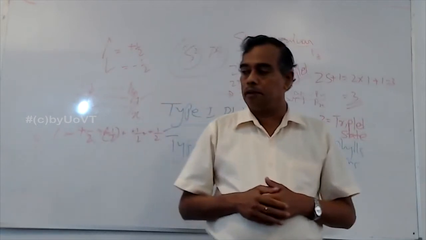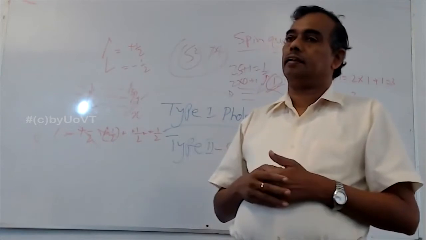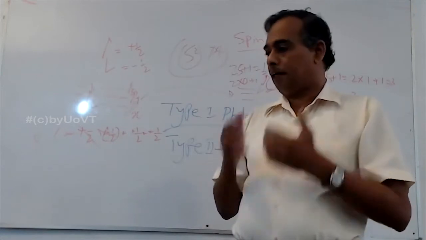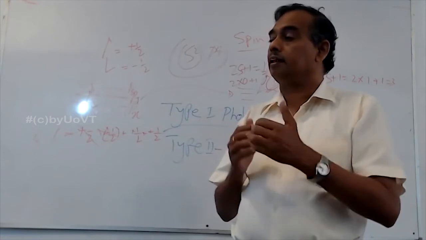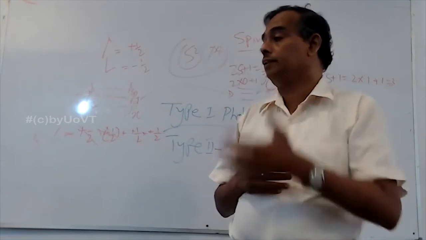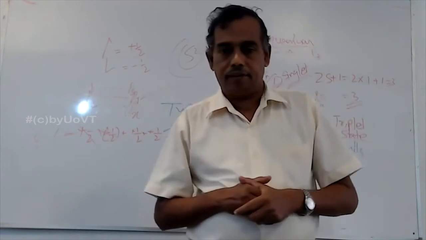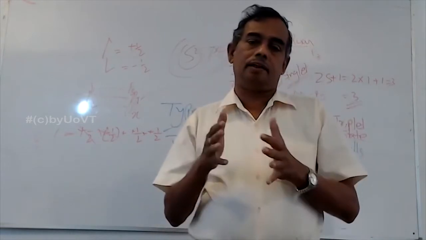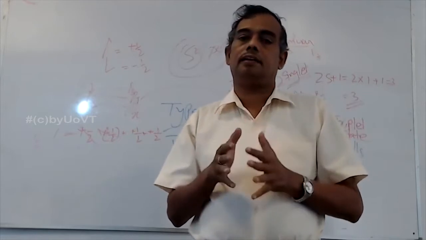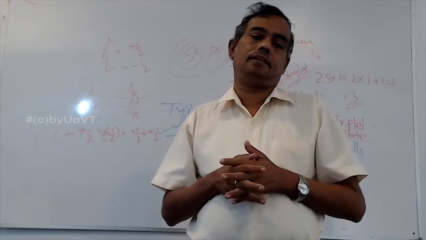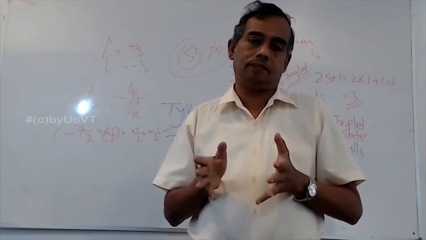But if you think about the singlet state, both are paired, but restricted to the px and py, not the pz. That is the quantum mechanics explanation of the singlet state.